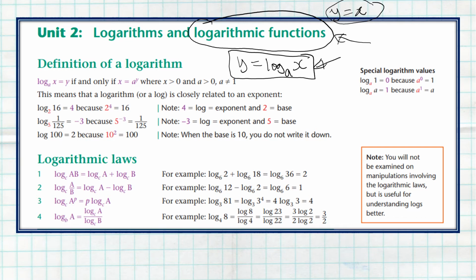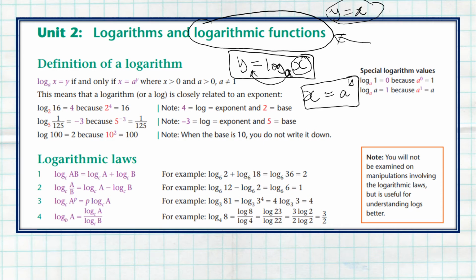And y will be equal to log base a of x if and only if x is equal to a exponent y. So that's the condition, right? So this x here must be equal to a exponent y.